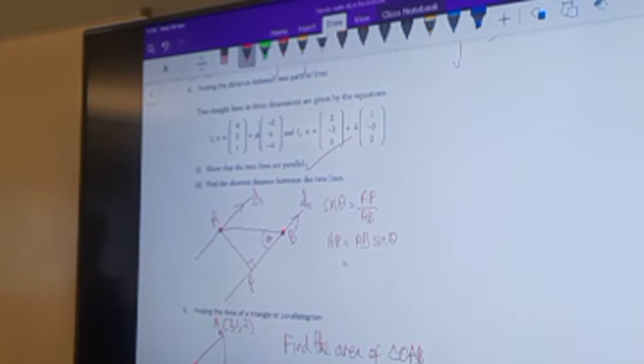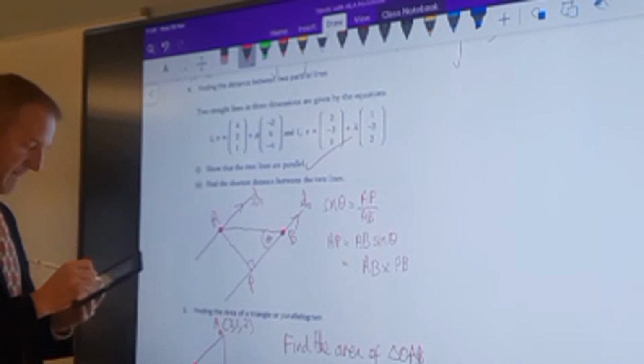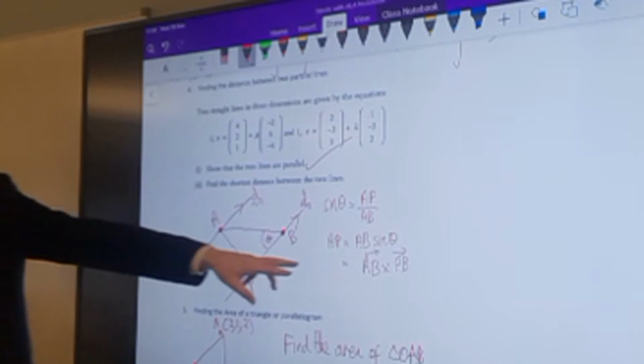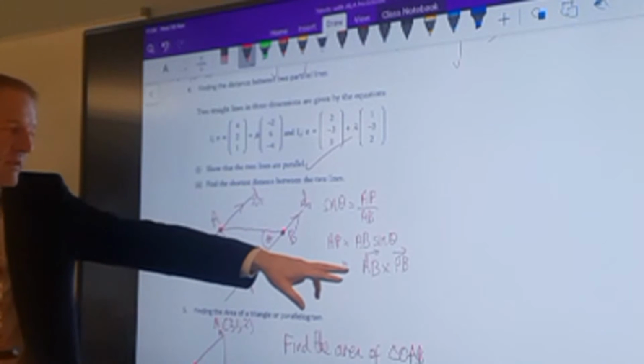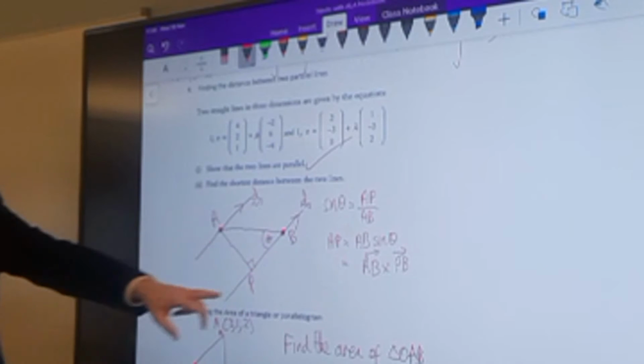If I take the cross product of AB with the direction vector, let's forget about what the direction of that vector means at the moment. The magnitude of that vector would be AB times the magnitude of the direction vector times sine theta.